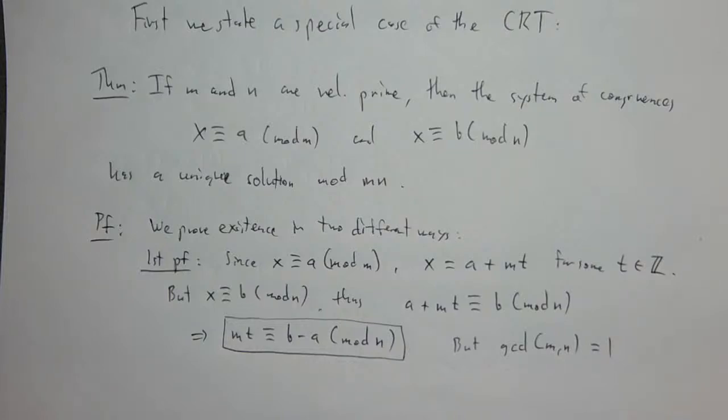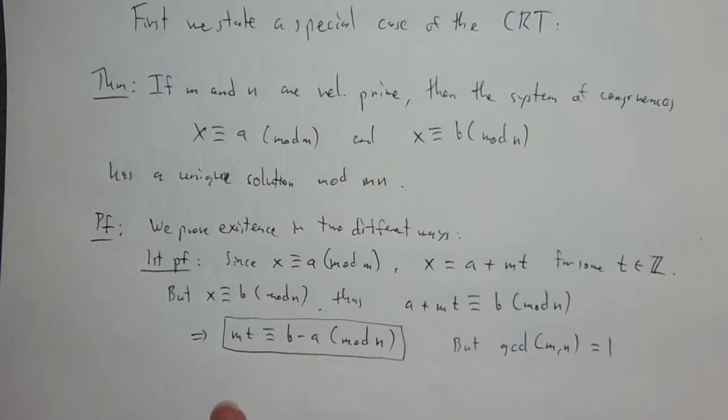I said that this is very closely related to our solving of linear congruences. Note, just because an x doesn't show up here, that doesn't mean anything. I have a linear congruence where I'm given a, b, m, and n. So t is the unknown here.